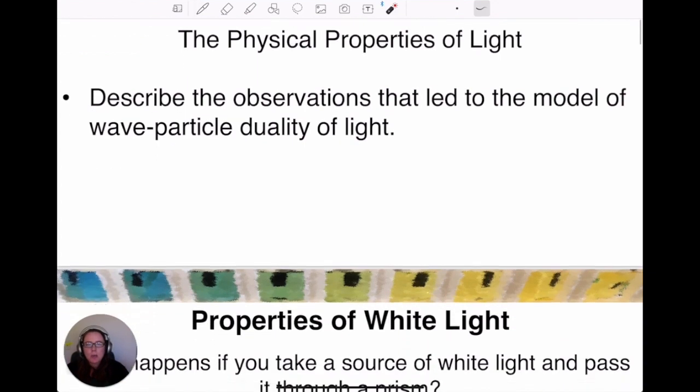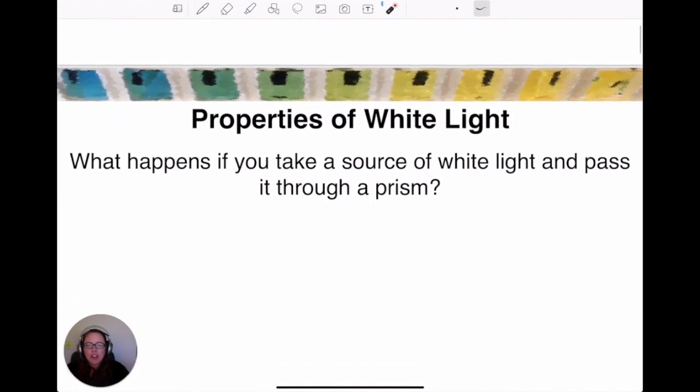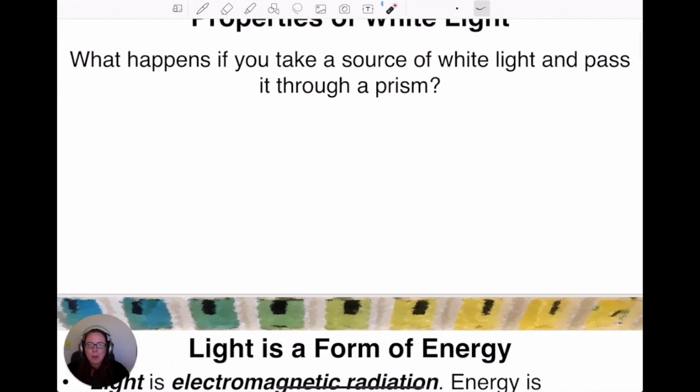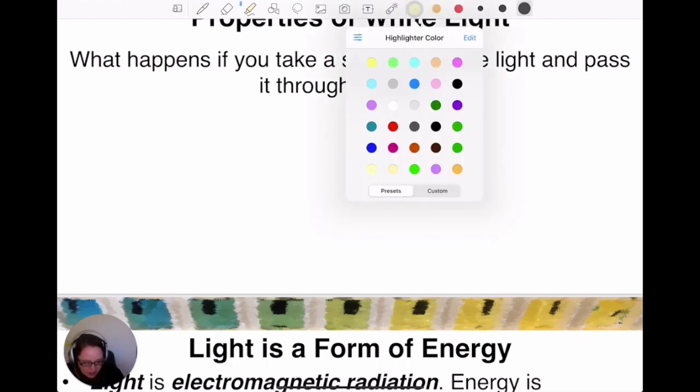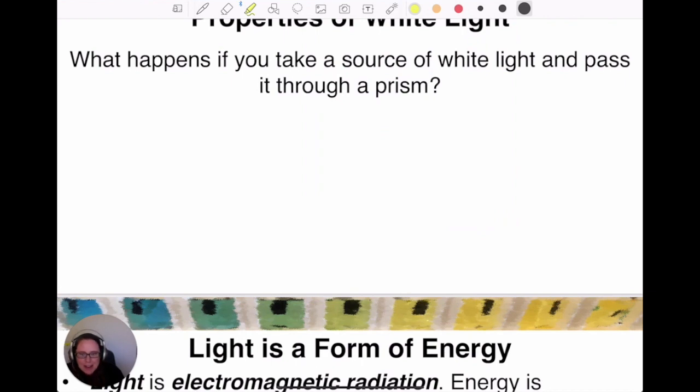Okay, so let's start out just thinking about a source of white light and what happens if we take that white light and pass it through a prism. So I'm going to do some illustrations. Always fun, not always clear. But I'm going to start with my favorite source of white light, which is the sun.